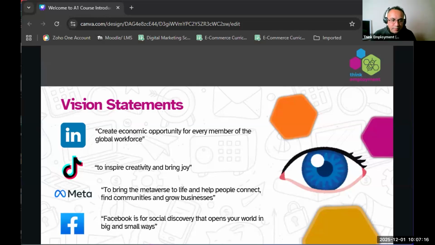Meta, Facebook, right? To bring the metaverse to life and help people connect, find communities, and grow businesses. Meta, which is Facebook, with the Oculus and all the other gadgets they have, they are creating the metaverse, but not the way they envisioned at the beginning. The metaverse isn't easy to create.